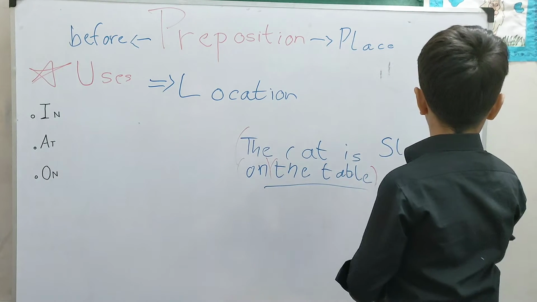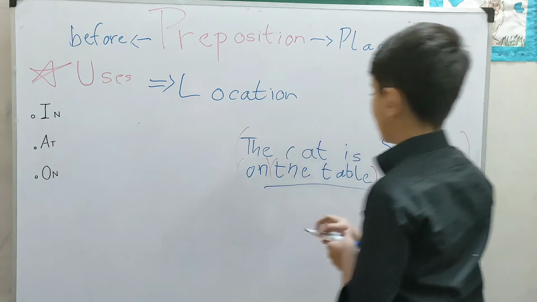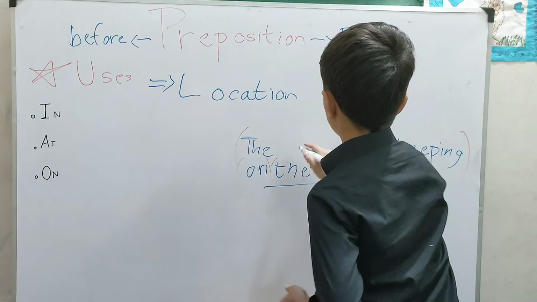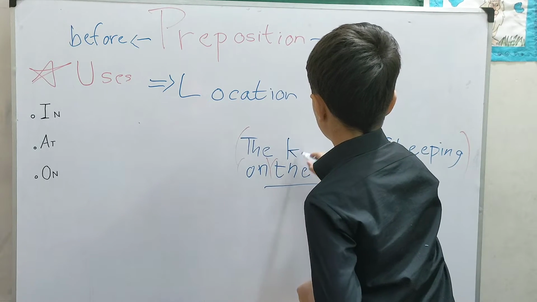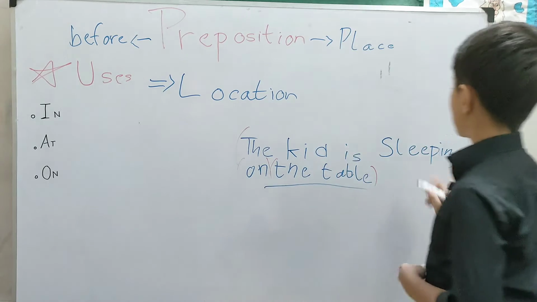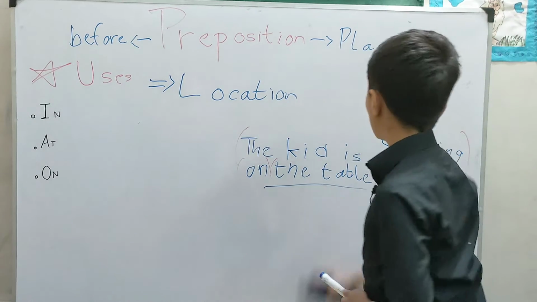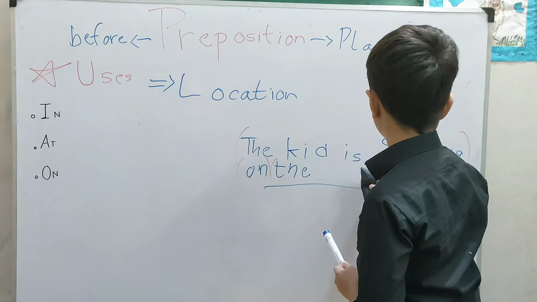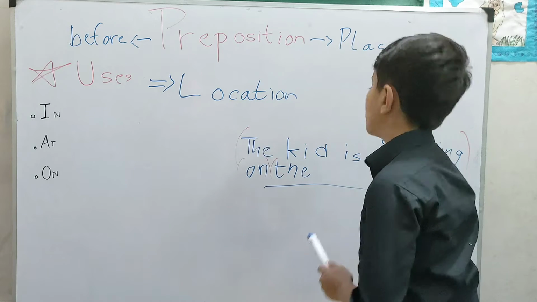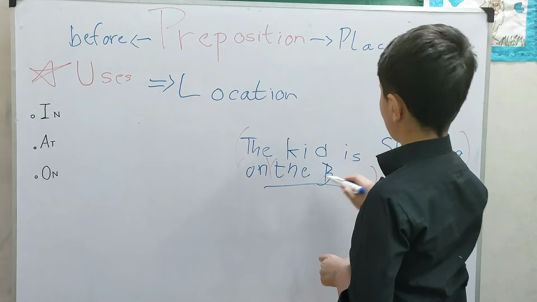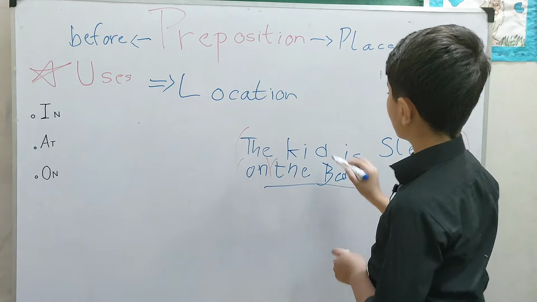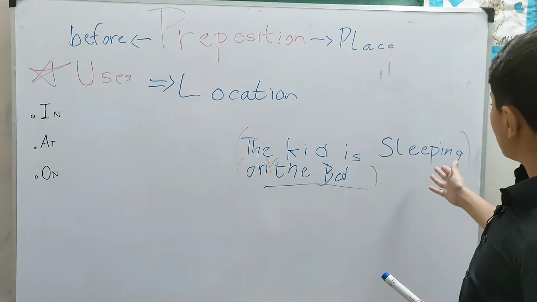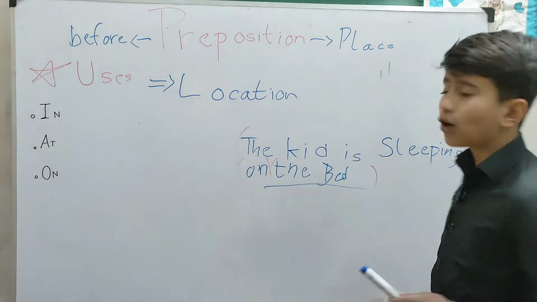For example, if I write sleeping, and I exchange cat with man or kid, is sleeping. And I exchange the table with bed. Now, you can exchange a lot of things. You can exchange the subject, the verb, and the object.